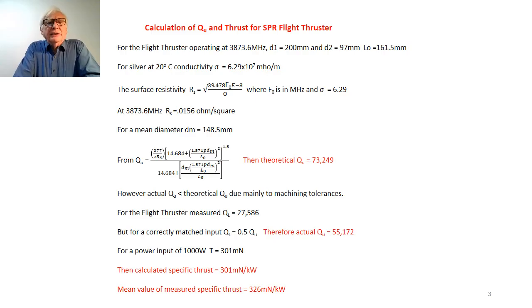You can calculate the surface resistivity, RS, from the equation given, where F0 is in megahertz. And for 3,873.6 megahertz, the surface resistivity comes out as 0.0156 ohms per square.